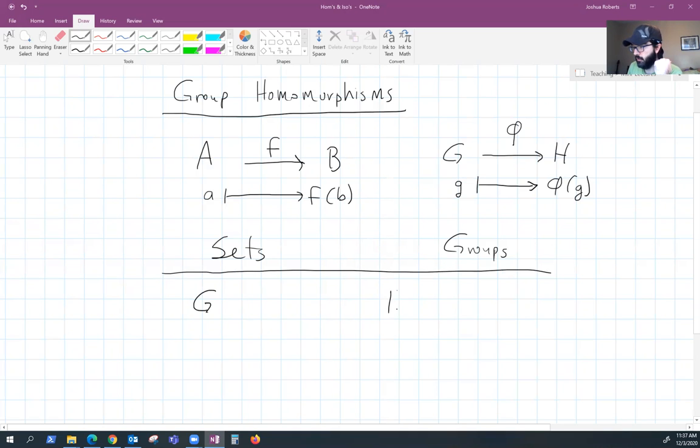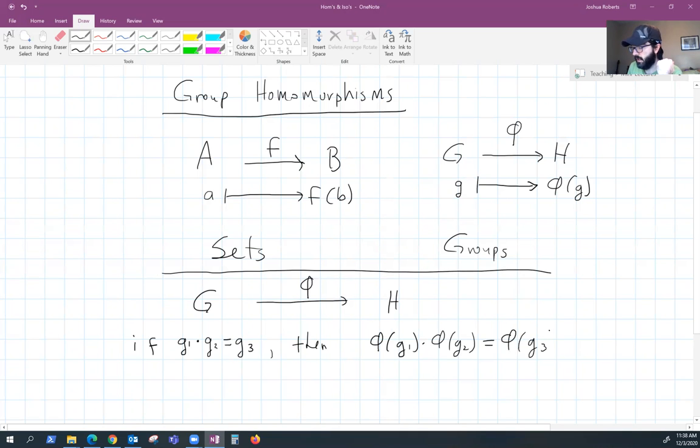So here's my group G again, here's my group H, and here's a homomorphism between them. This is the intuition behind what a homomorphism does. If I take elements in G, call them G1 multiplied by G2, and say they equal an element G3, so if this is true in G, then when I apply the homomorphism, phi of G1 multiplied by phi of G2 has to be equal to phi of G3.